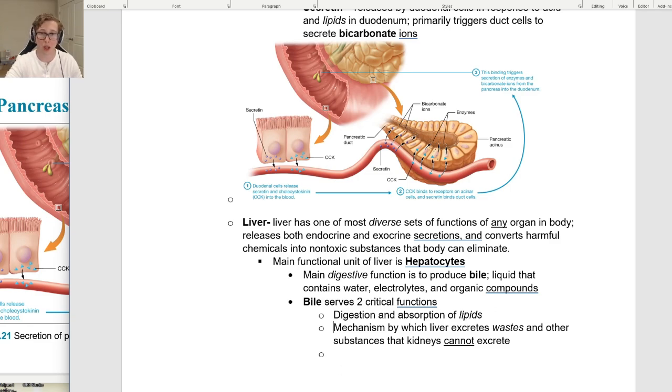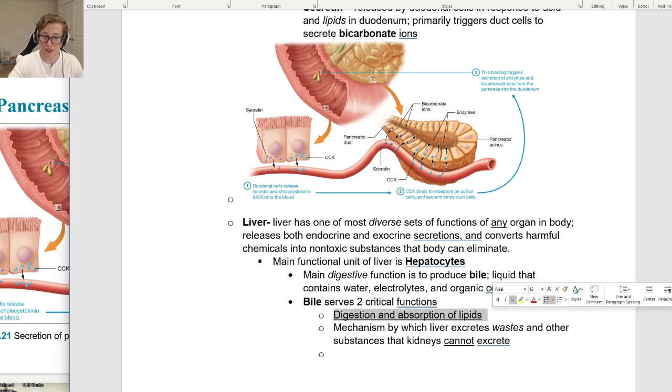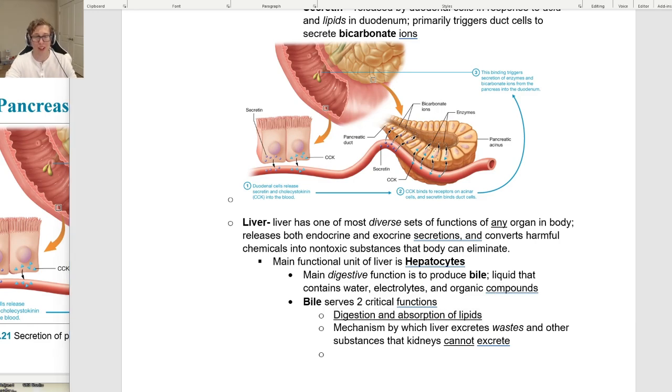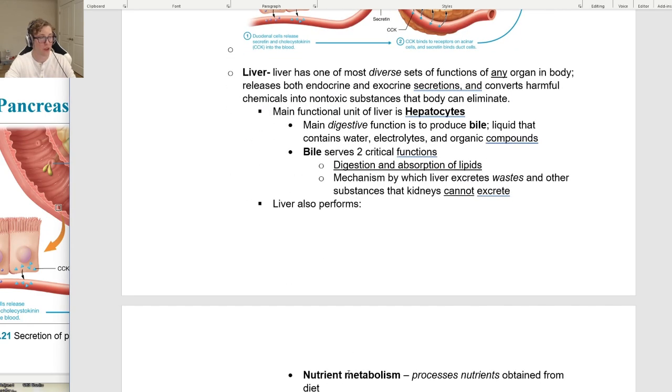But for the main purpose of what you guys want to know for this test, it assists in the digestion and absorption of lipids. However, like I said at the beginning, the liver is not just an organ that is producing your bile.